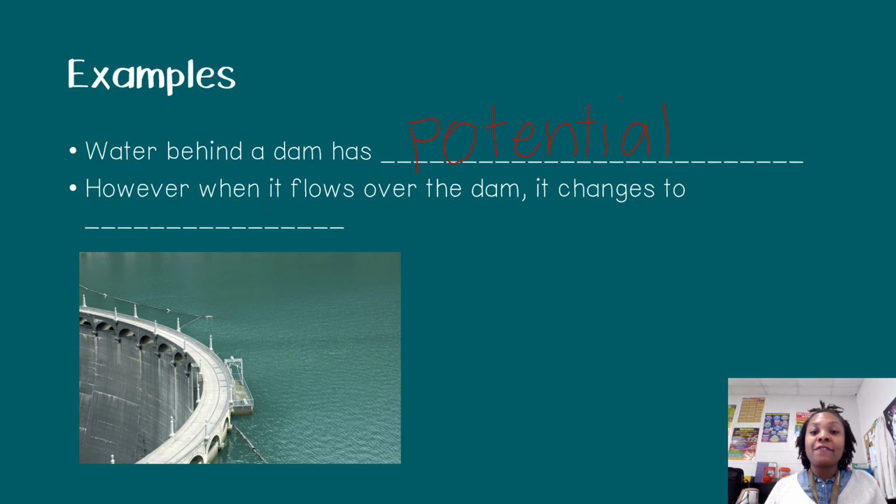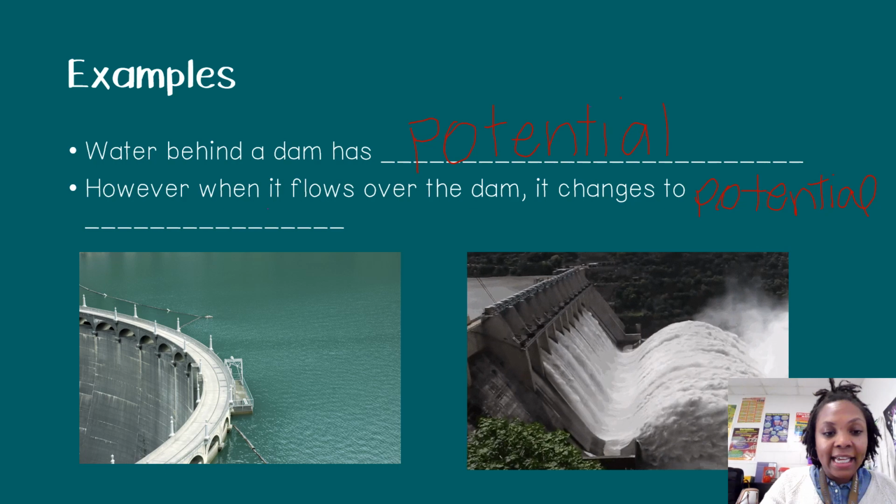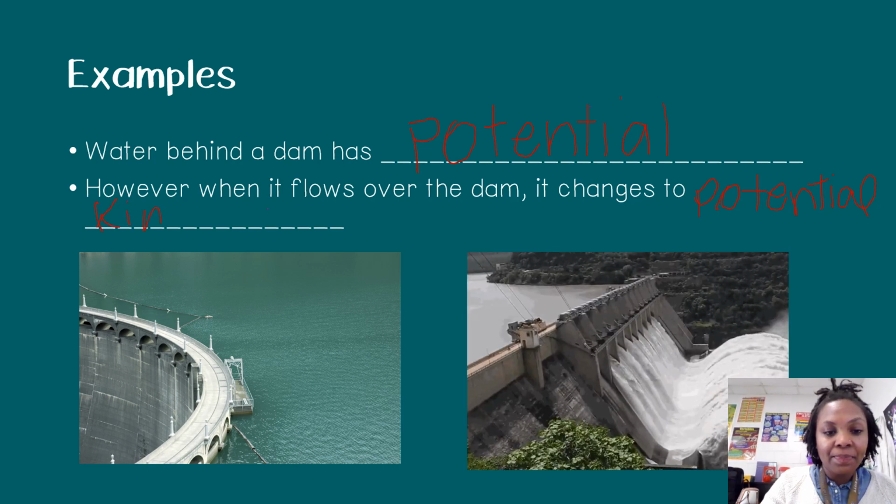However, when that water flows over the dam, it changes from potential, so we'll write potential, and it transforms into kinetic energy. Good job.